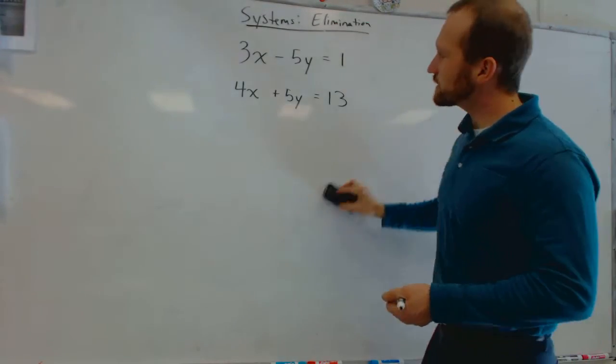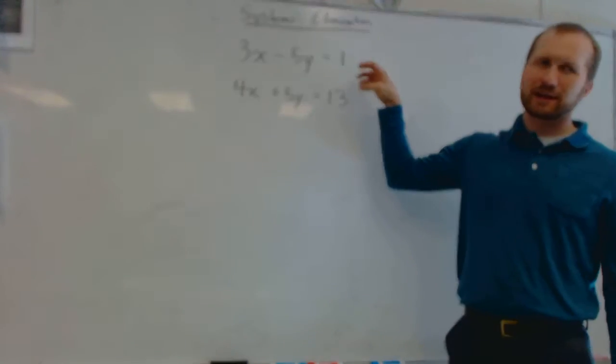However, these two equations are perfectly set up to use the elimination method, because one's minus 5y and one's plus 5y. That's what I'm looking at. The elimination method is eliminating one of the variables by adding your two equations together. And the fact that we can do that is kind of weird. But let's think about it.